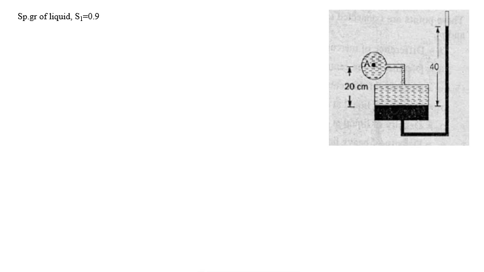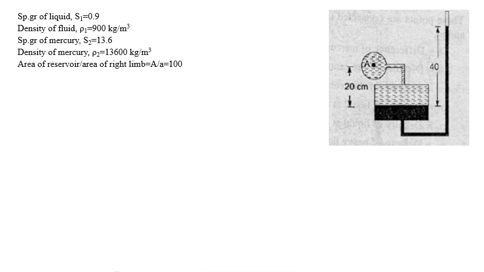So now write the given data. The specific gravity of the liquid is S1 is equals to 0.9. Density of the fluid is rho 1 is equals to 900 kg per meter cube. Specific gravity of the mercury is S2 is equals to 13.6. Density of mercury rho 2 is equals to 13,600 kg per meter cube. The ratio of the area of the reservoir, capital A, to small a, the area of the right limb, is equals to 100.